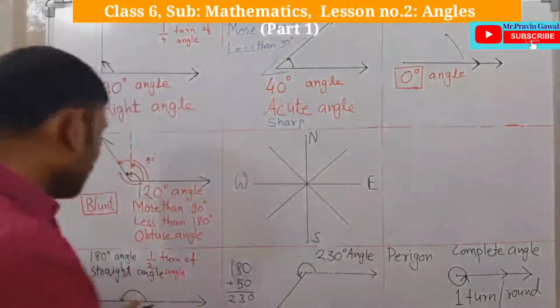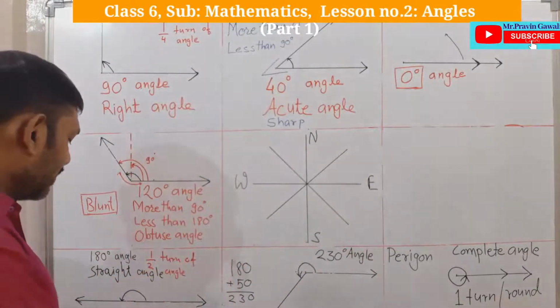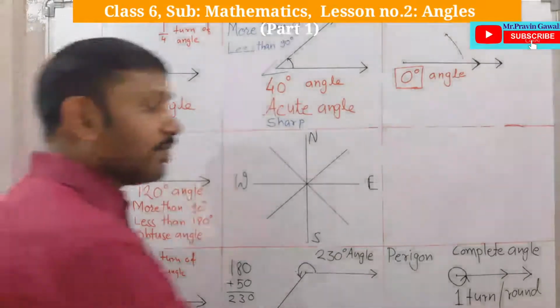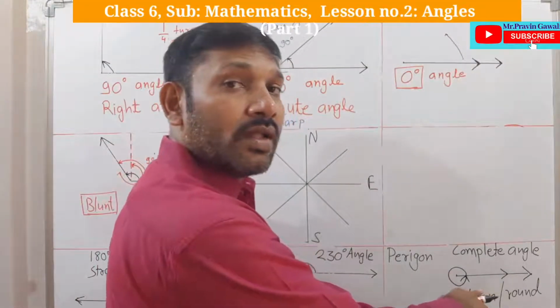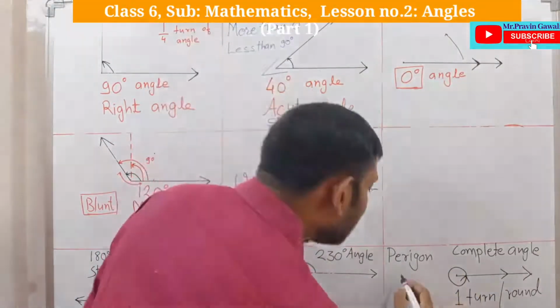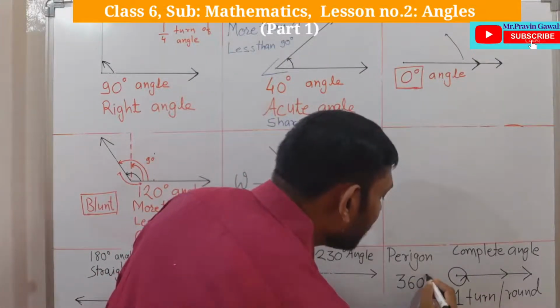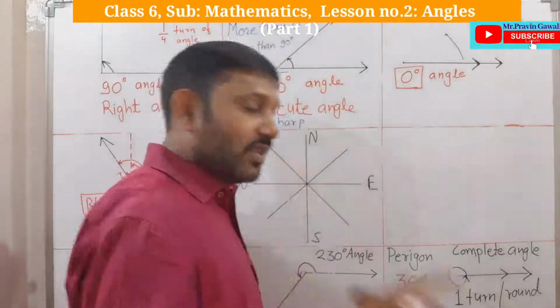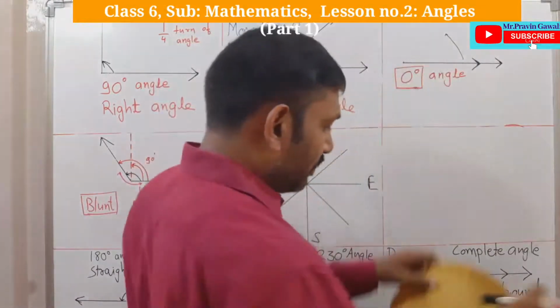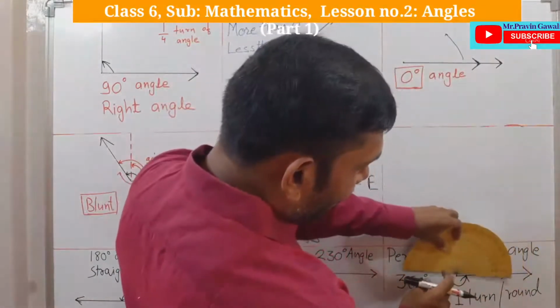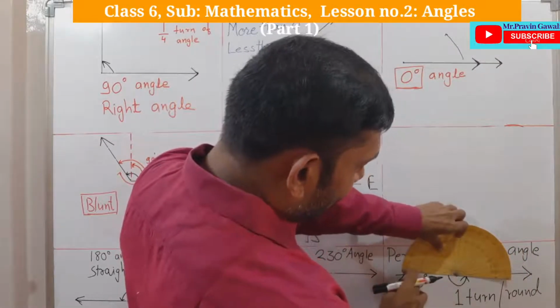I told you it completes half a turn of angle here, that measures 180. It completes the whole turn, so it is 360 degree. If we measure it, it will be 360 degree. Do you want to see? Let's measure. We know it is 180.